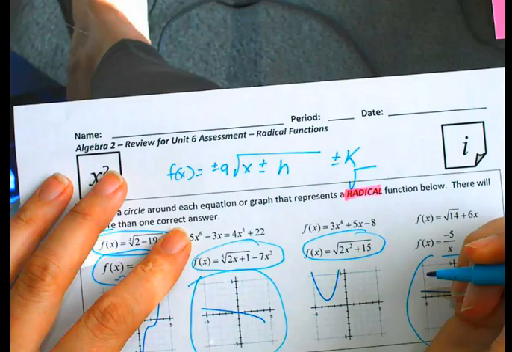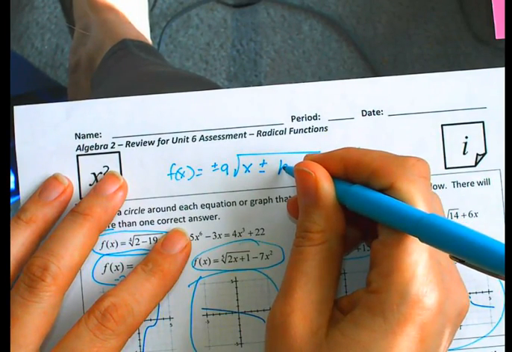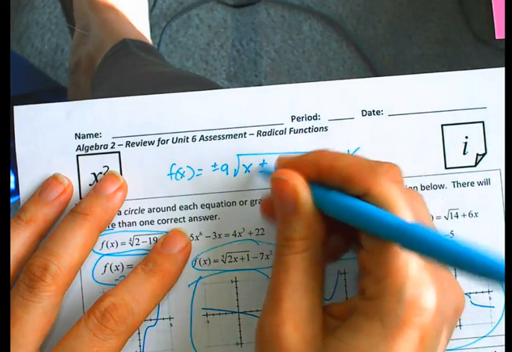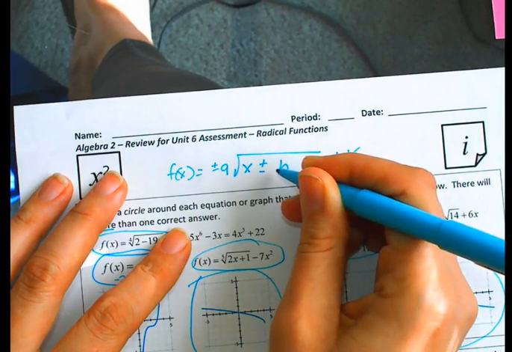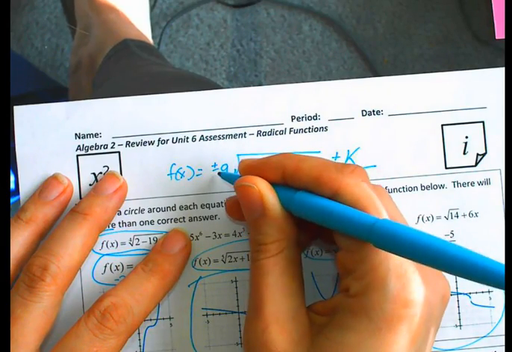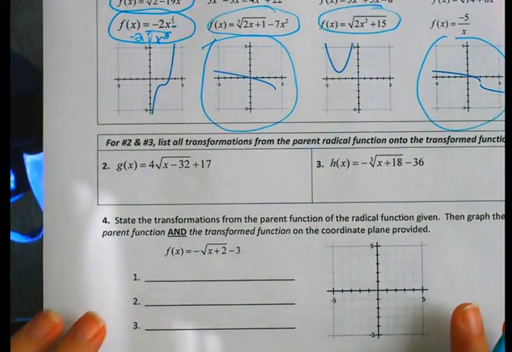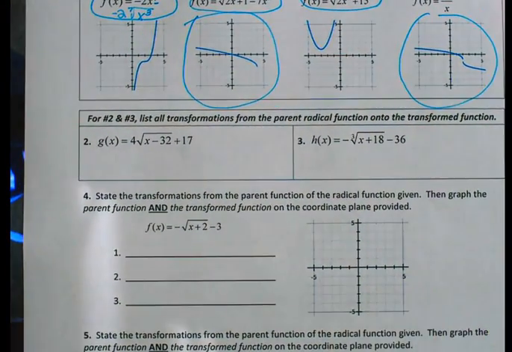And each of these means something. Remember, k is up and down, h is left or right, but we have insiders lie, so left is actually positive. A is a vertical stretch or compression, and then the negative out in front is going to be reflection over x. Okay. I went fast through that because we've been through this 1,000 times, so let's take a look.